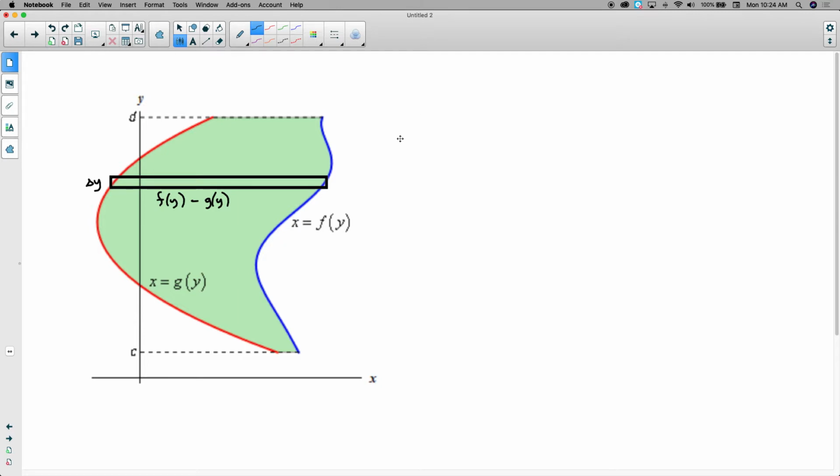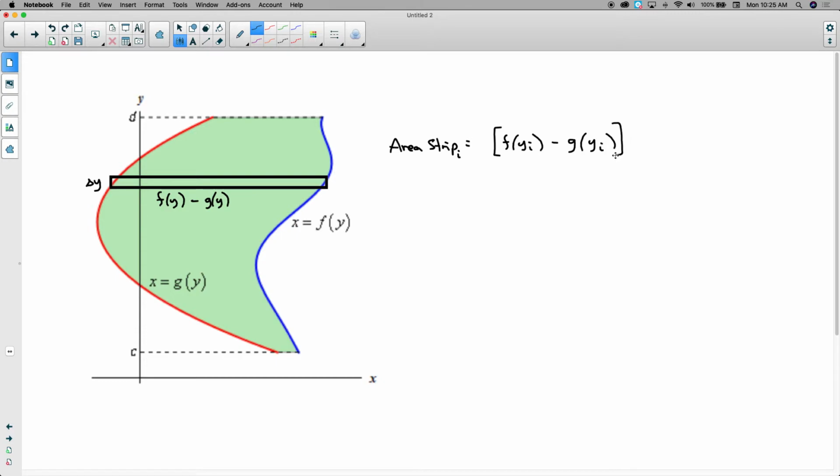Okay, so then here we go. The area of the strip is equal to the f function evaluated at some arbitrary height. Let's remember to call it the ith strip, minus the g function evaluated at the same arbitrary height.